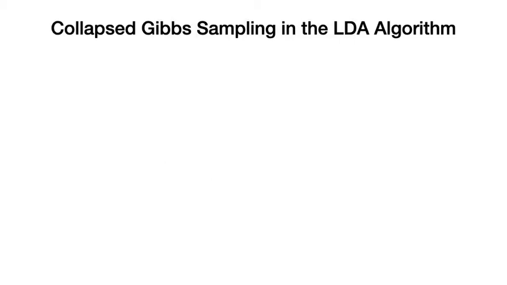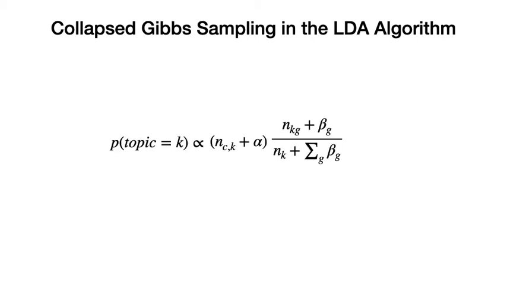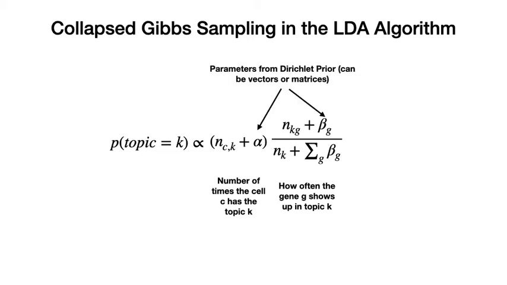So how does the LDA algorithm work? Well, one approach is the collapsed Gibbs sampling approach. Here, for each cell and gene, we would assign it a topic, and the probability of it being assigned a topic K is proportional to, first, how many times the cell C has this topic K, and then also how often a gene G shows up in topic K. In addition to this, we have prior information from our Dirichlet in the form of alpha and beta.